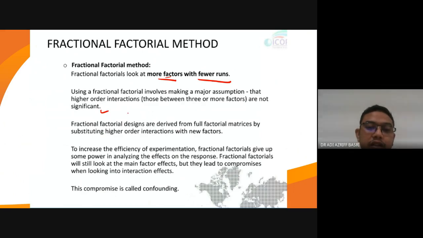Fractional factorial designs are derived from the full factorial matrix by substituting higher order interactions with a new factor. To increase the efficiency of experimentation, fractional factorial gives up some power to analyze the effect on the response. Fractional factorials will still look at the main factor effects, but they lead to compromises when looking at interaction effects. This is called confounding.